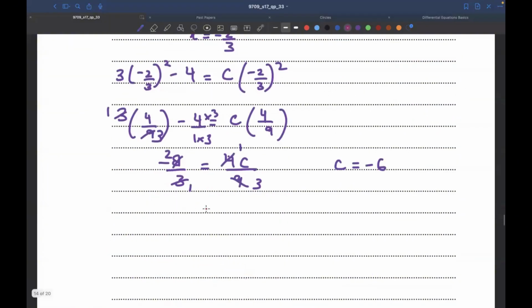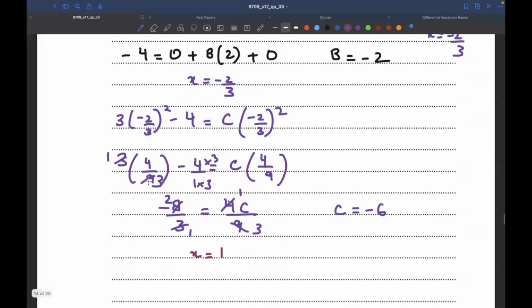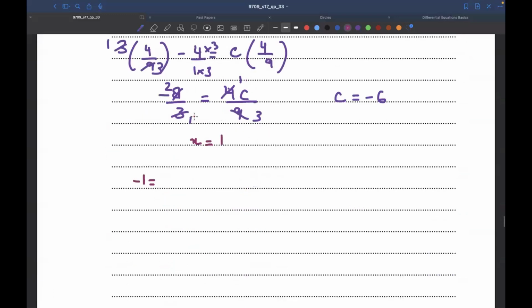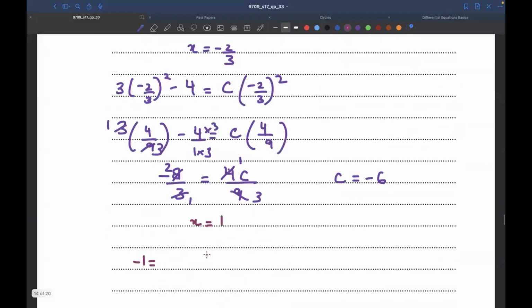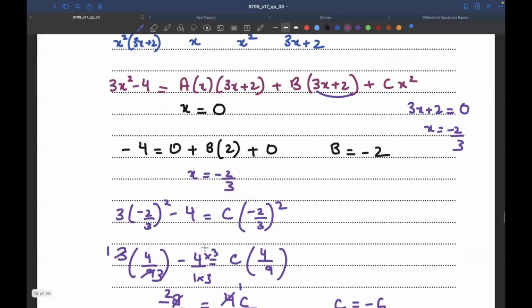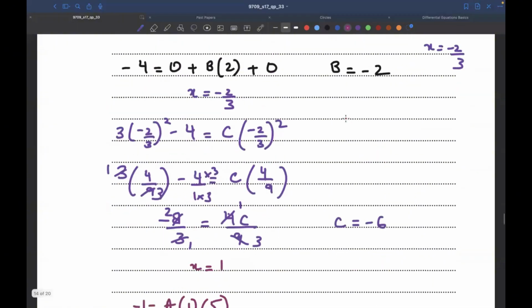So if we take x equals 1 and put it throughout the whole equation, we'll get 3 minus 4, which equals minus 1. So a will be a times (3 times 1 plus 2), that will become 5, plus b. The b value we already have as minus 2.